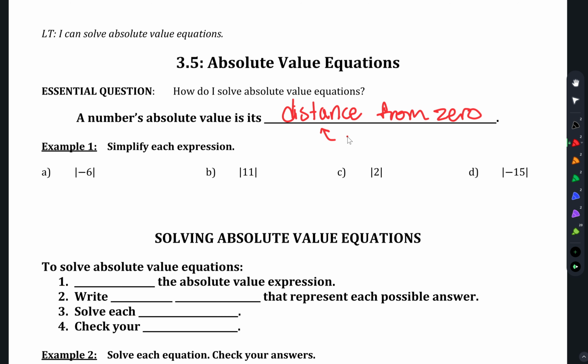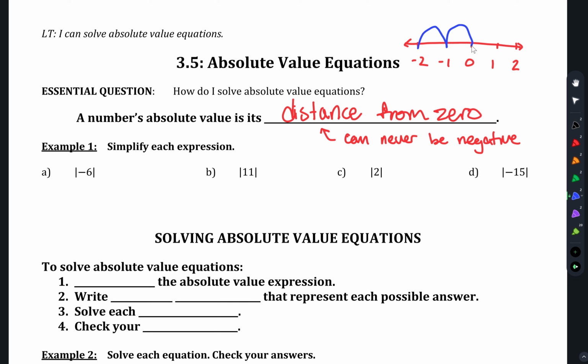We know that distance can never be negative. So if I think about a number line, something's distance from 0 is literally counting the hops it takes to get there.